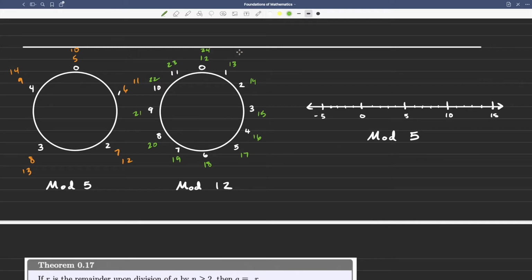Then you get to 24, 25, 26. If you went around again, you'd get to like 36, 37, 38. And any of the numbers that are labeling a specific spot on the clock are congruent modulo 12.